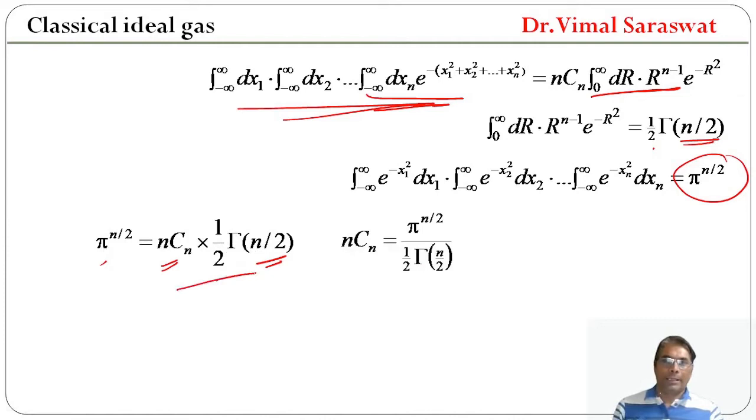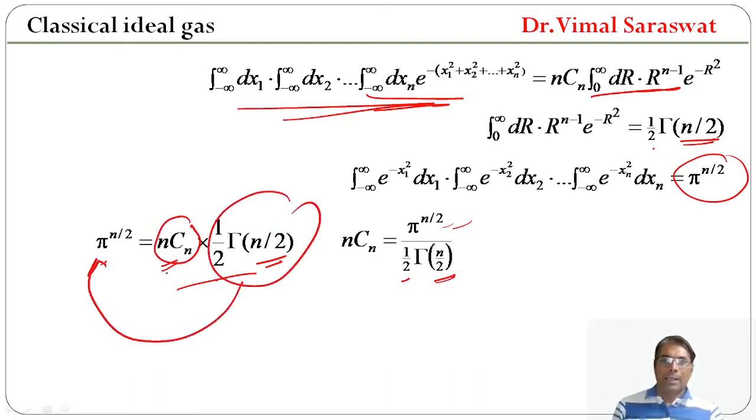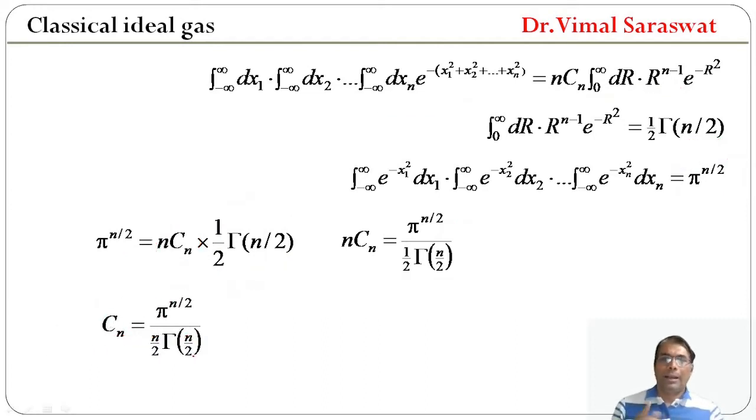Now from here ncn is equal to pi raised to n by 2 divided by half gamma n by 2. So to get ncn from here, we transfer this term from here to here. So ncn is equal to pi raised to n by 2 divided by half gamma n by 2. And therefore Cn is equal to pi raised to n by 2 divided by n by 2 gamma n by 2.